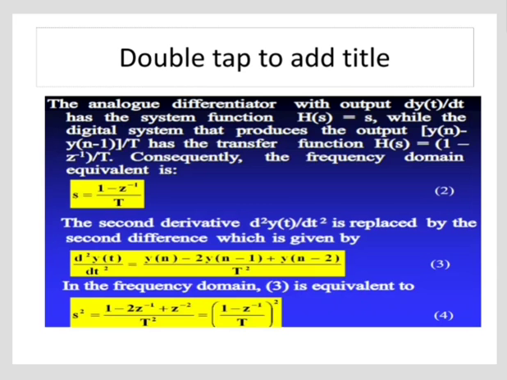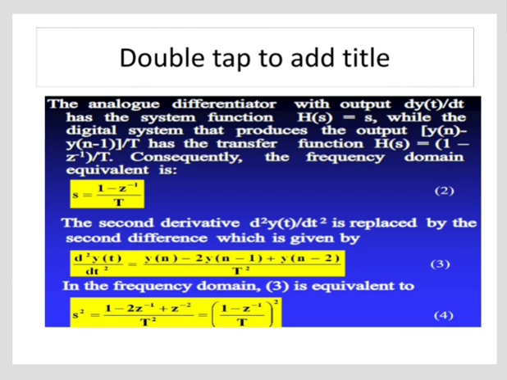The analog differentiator with output dy(t)/dt has the transfer function H(s) = s, while y(n-1)/T has the transfer function H(z) = (1 - z^-1)/T. Consequently, the frequency domain equivalent is s = (1 - z^-1)/T.